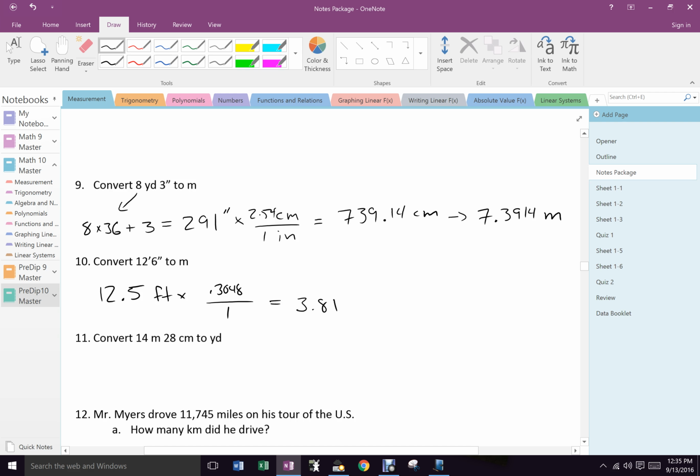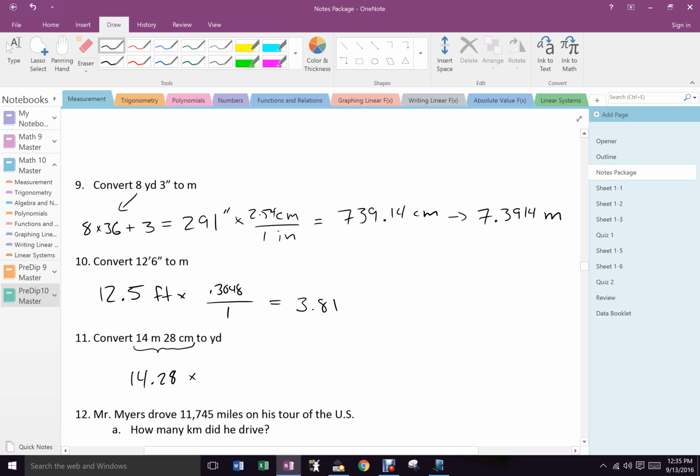Now, what about this one? What about this measurement allows me to just use it as it is? Pardon? Yeah, 28 out of 100 because it's SI, right, Case? So I can just go 14.28 and convert it to yards.